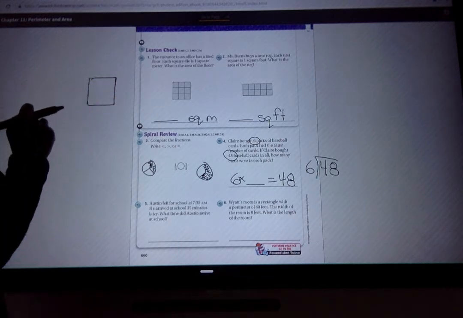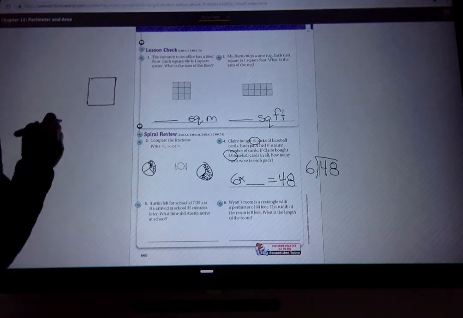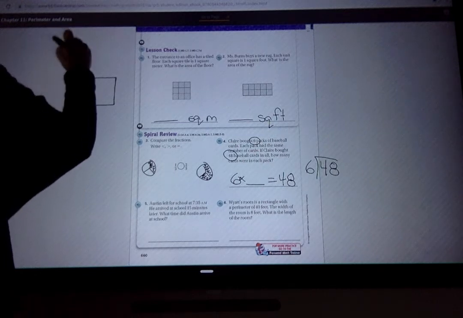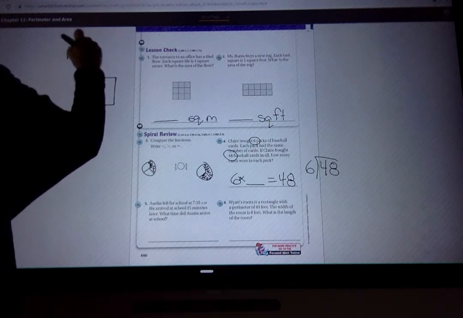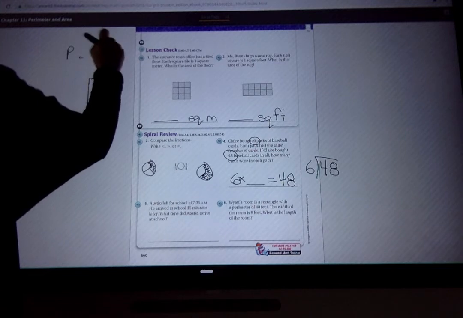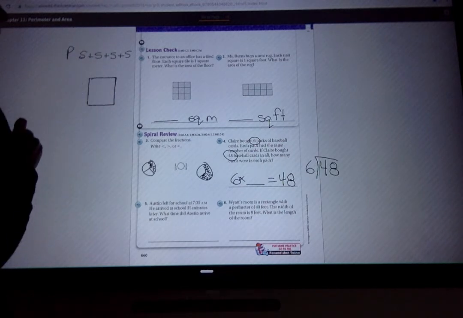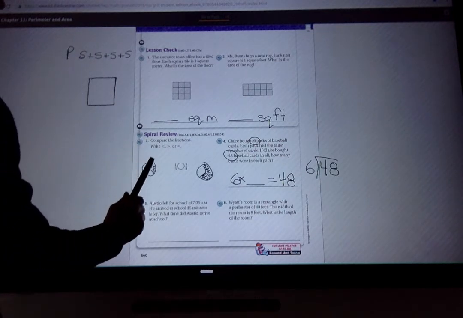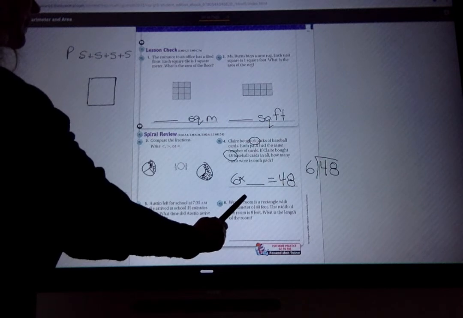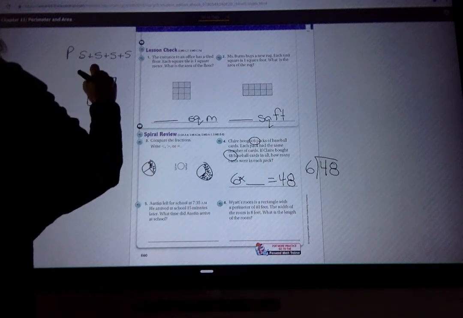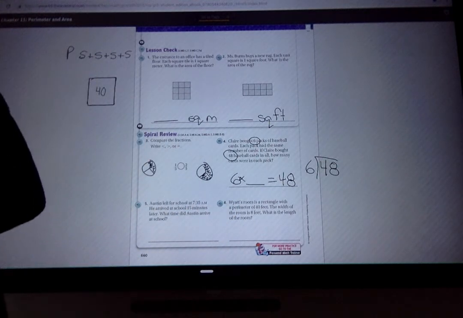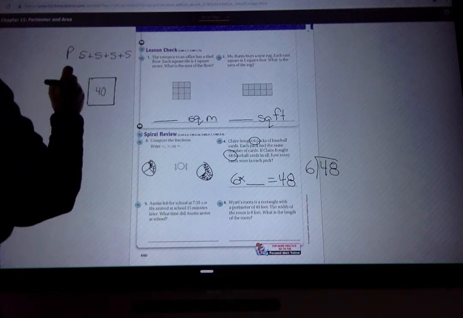That's area. And if you remember, perimeter, we are going to add side plus side plus side plus side.